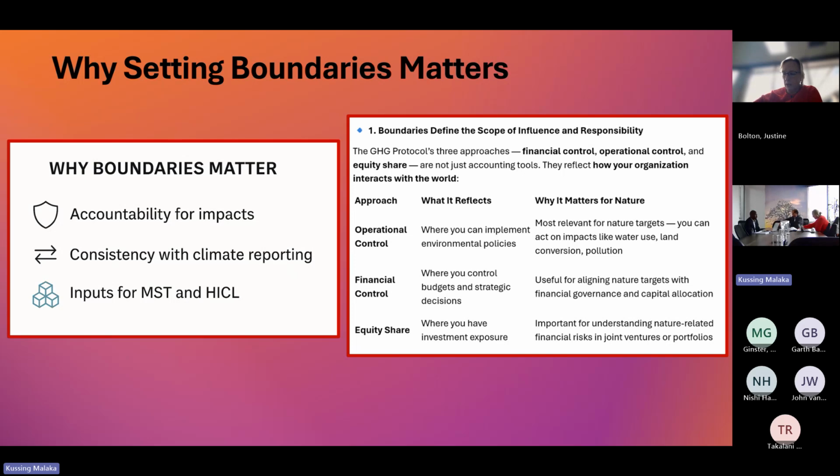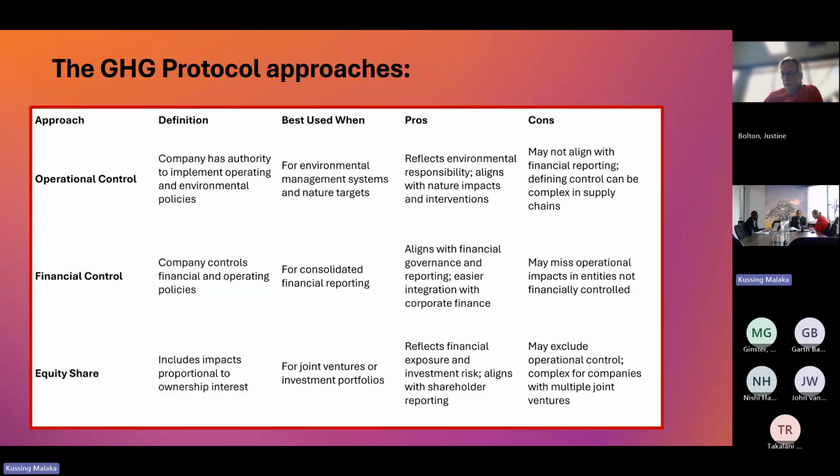And then, as mentioned before, your boundaries are a foundation tool for validation. Thanks. Next slide. So looking at the different greenhouse gas protocol approaches, and again, this may not be new to everybody, because these are what companies consider when looking at their carbon accounting and carbon footprints. So it would make sense that whatever you are already using for your carbon accounting, you would use for this approach as well.